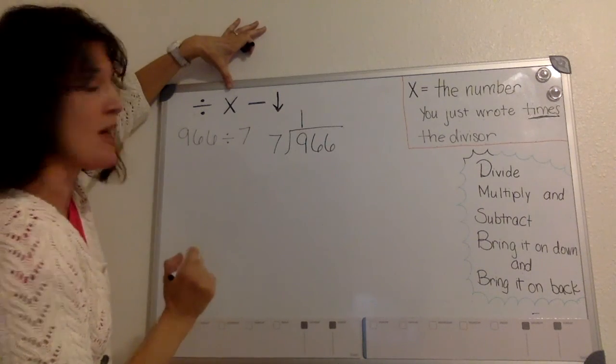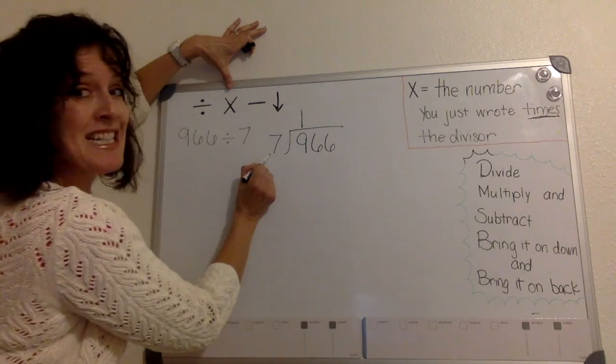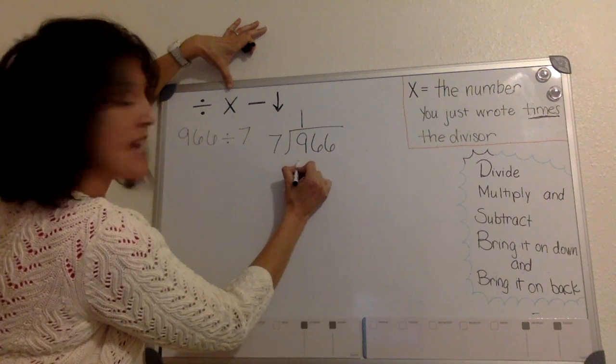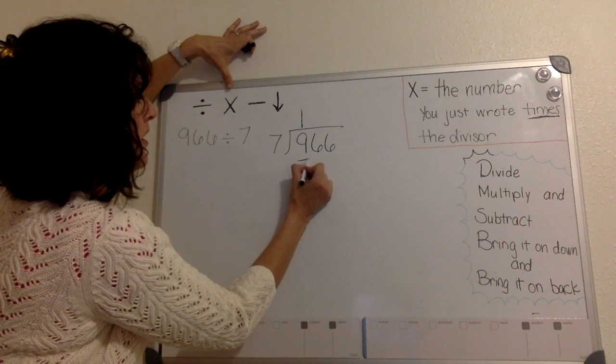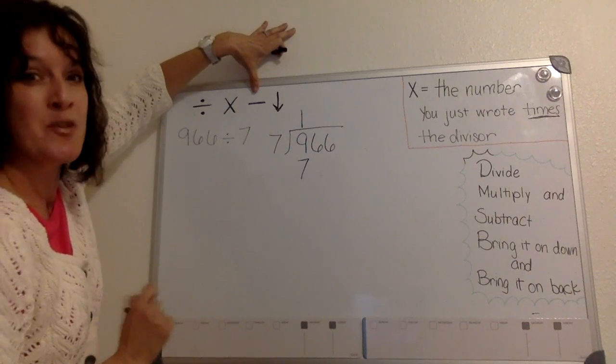Next, we multiply. 1 times 7 is 7. Let's put that 7 right below my 9. Next, we're going to subtract.